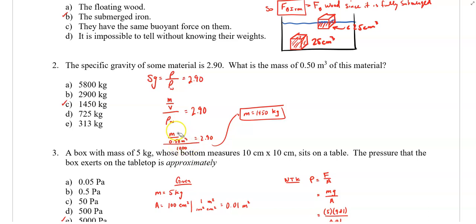So if we have m divided by 0.5 cubic meters, divided by 1,000, when we do the math to isolate that, we end up finding that the mass of the object is 1,450 kilograms.